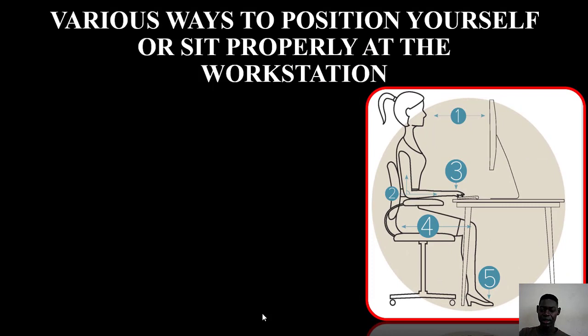Let's observe it carefully and check the numbering. There are numbers on it, numbered 1 to 5. And there are some arrows showing directions. Let's take note of all of them. It will guide us, or this is visibly how we should sit properly at the workstation.